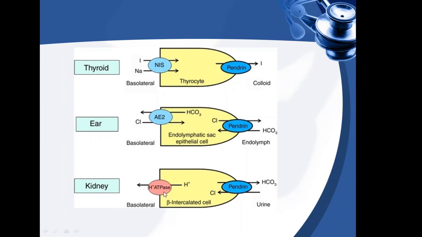You have H plus ATPase system, which transports proton ions, and the pendrin transports bicarbonate for chloride in an antiport mechanism, which forms the urine. Okay, so these are the different locations or different functions of pendrin that is present. As far as thyroid hormones are concerned, we are concerned with this particular function.